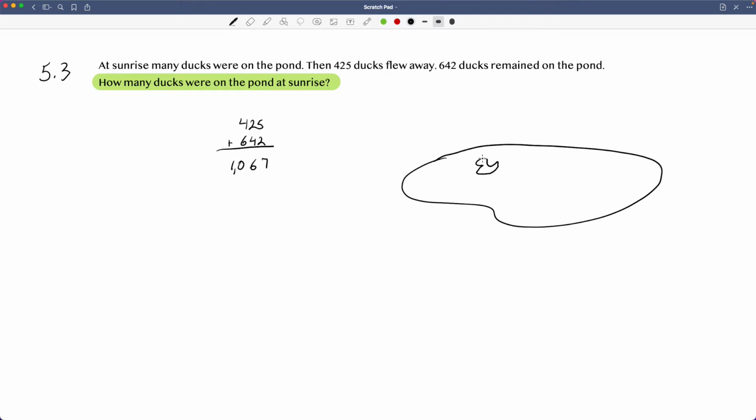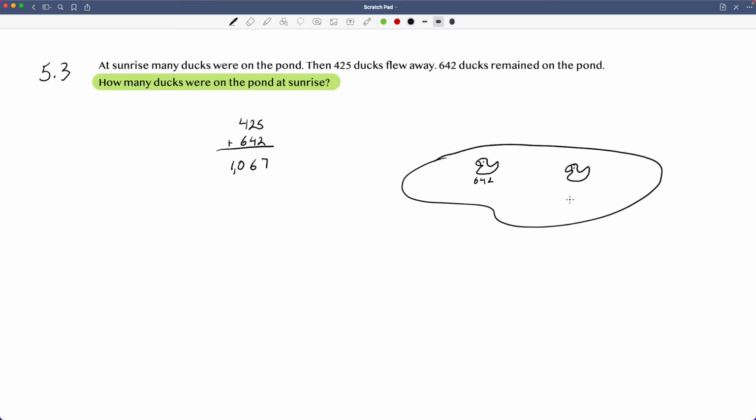That's not a very good duck. Don't copy that. There's 642 ducks left, right? And we knew that there were 425 ducks over here at the beginning that flew away.